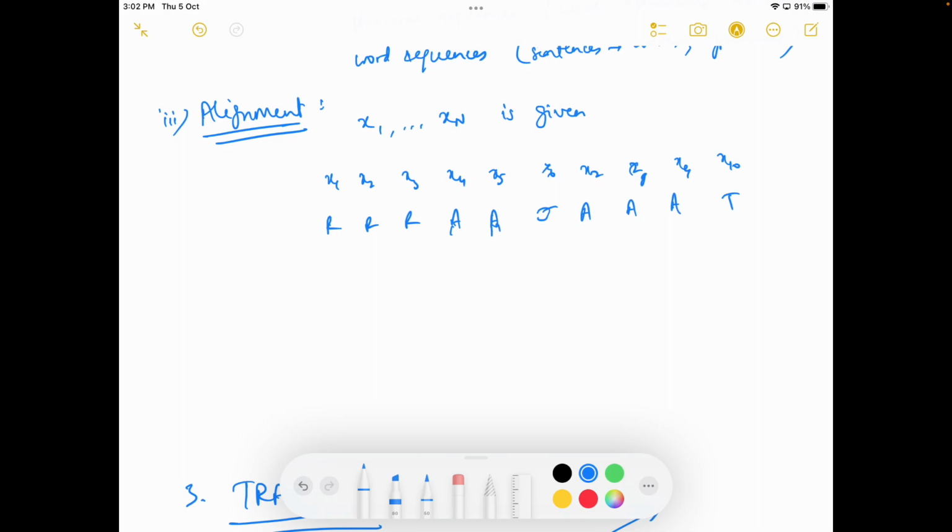But what I am given is only Rajat. I took this example because here the phonemes and characters are the same. Ra is a phoneme, A is a phoneme, Ja is a phoneme, A is a phoneme, Ta is a phoneme. It may not always be true.